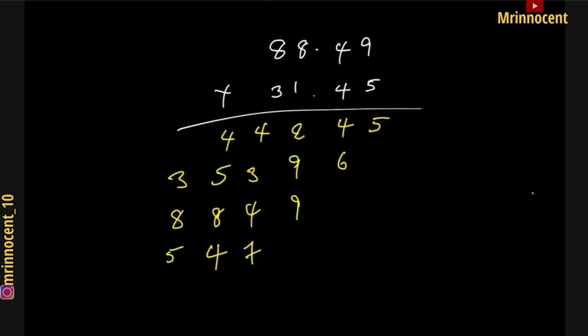So 3 times 8 is 24 plus 2 is 26. 26 in base 10 is 2 remainder 6.